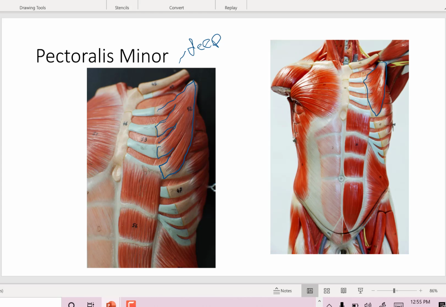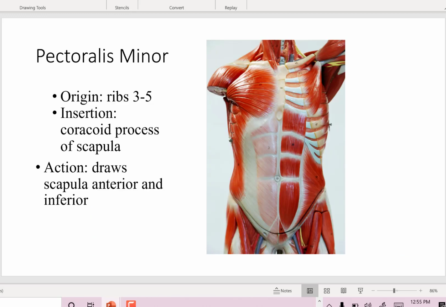So it's going to draw the scapula anterior and inferior. That means it's going to allow for pulling your scapula forward. Again, here are the origins, insertions, and actions for the pectoralis minor.